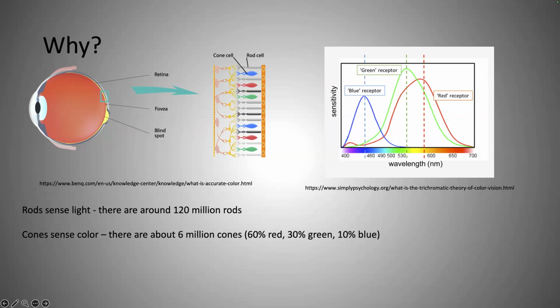More to the brighter yellows and oranges than to the blues. Rods, the nerves in the back of your eye, are about 1,000 times more sensitive to brightness than the cones are. Really, we're mostly black and white animals. It really helps with night vision, having all those rods and having them be so sensitive.